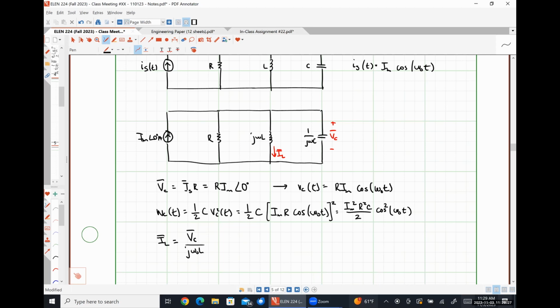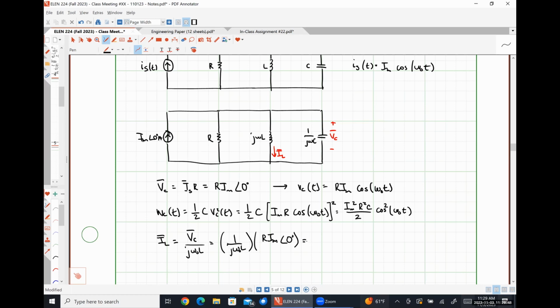So I is equal to V over Z. So that's going to be 1 over j omega naught L times R times Im with an angle of 0 degrees.